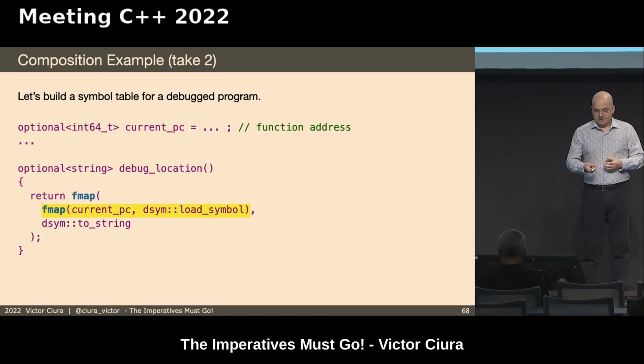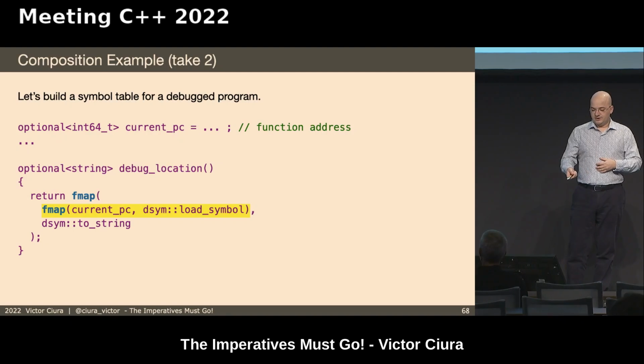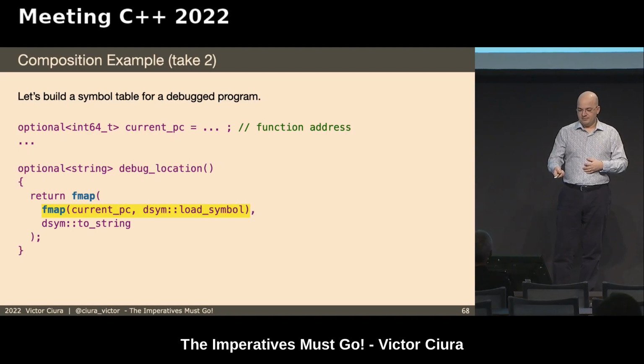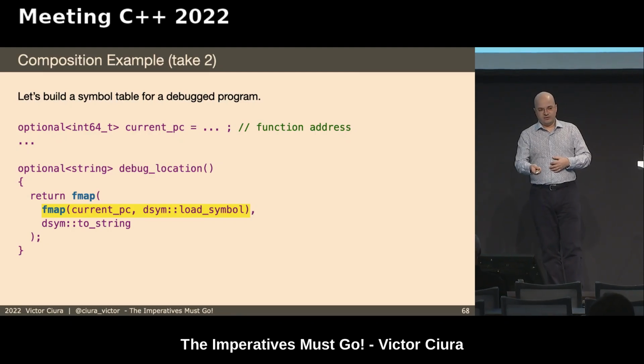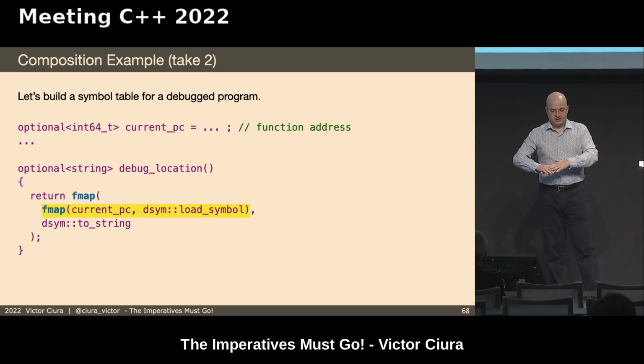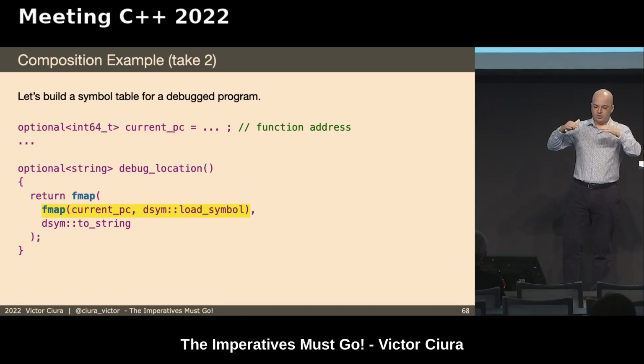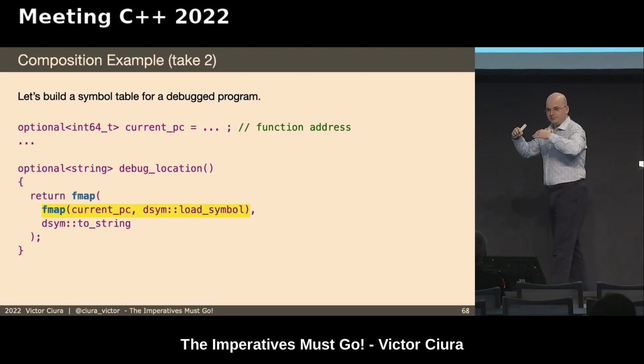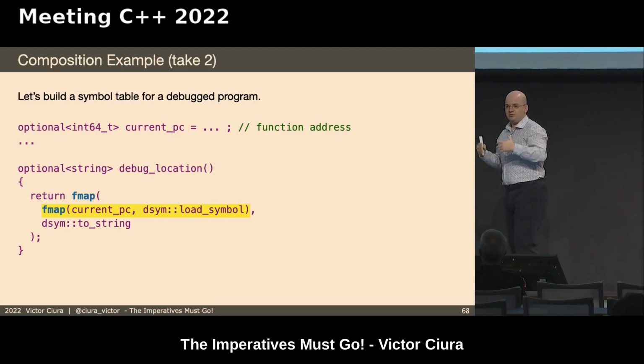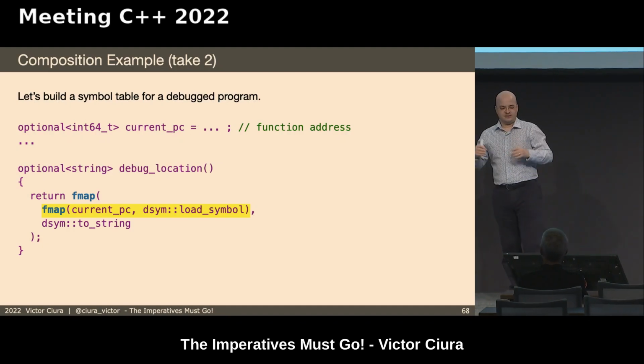So the inner fmap helps us map the loaded symbol. So it helps us go from the current program counter through the load symbol function, which is the lower function, and then gives us an optional symbol type, whatever the symbol type is in our system, doesn't matter.